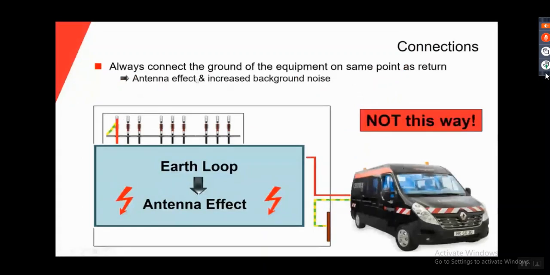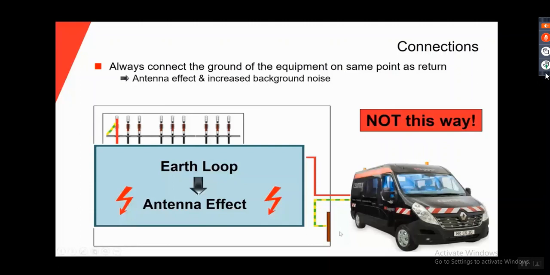We always need to be sure that we connect the ground of the equipment at the same point as the return. If you see in this drawing, we have the high voltage lead connected to the cable under test, but the grounding is connected in this bus bar.